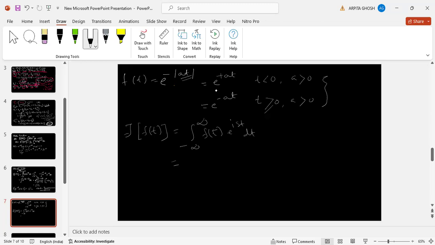Again, since the function has two types of values, one for negative values of t and the other for positive values of t, we will break it into two parts: minus infinity to 0, f(t) e to the power i omega t dt, and the second one, 0 to infinity, f(t) e to the power i omega t dt. In the first range, minus infinity to 0, f(t) is e to the power at. In the second range, f(t) is e to the power minus at.